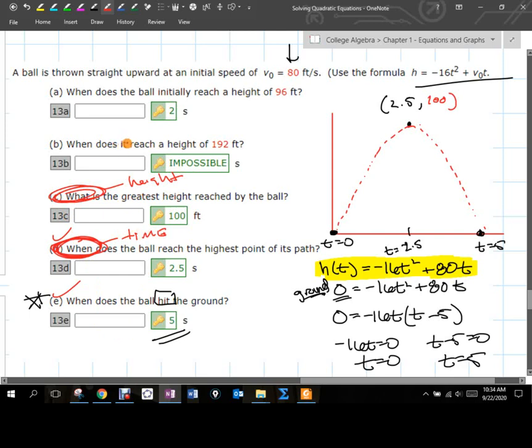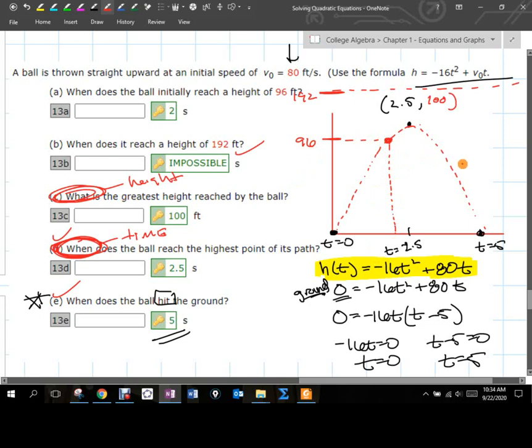It says, when does the ball reach 192? Well, 192 might be up here. Does the ball reach that horizontal line of 192? No. Make sure you spell things correctly when they ask you that type of stuff. Okay? And now it asks, when does the ball reach a height of 96? Well, 96 would be there. Does it reach 96? Yeah.